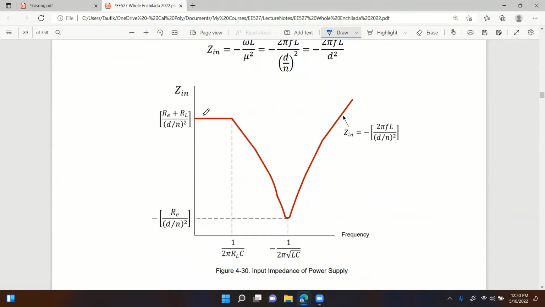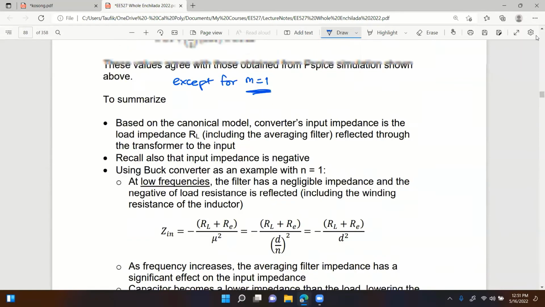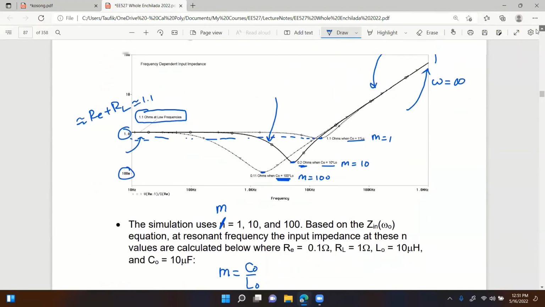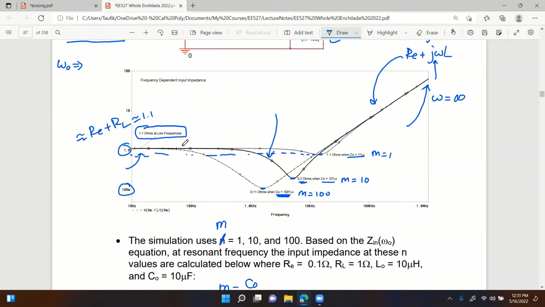So here's the input impedance plot if you include the turns ratio, the duty cycle basically. Just like you see here, it's actually the same as this. It starts off from a flat value, RE plus RL, and then it goes down. And I forgot to mention, this is a proof that this is a negative impedance. That's the proof that it gives you negative impedance right here.